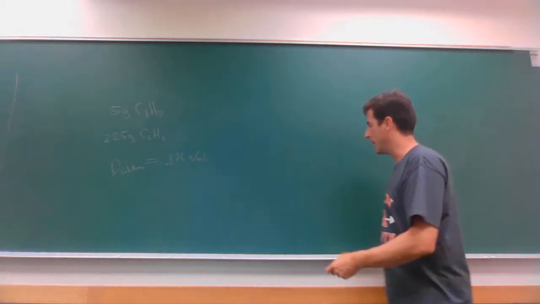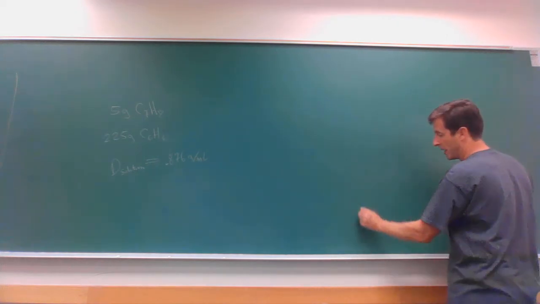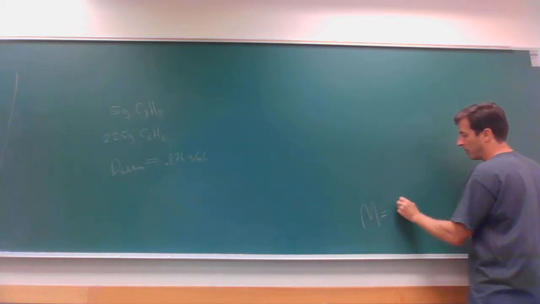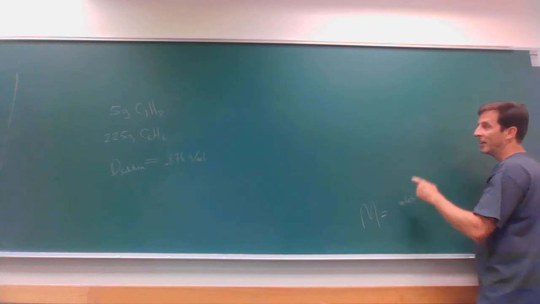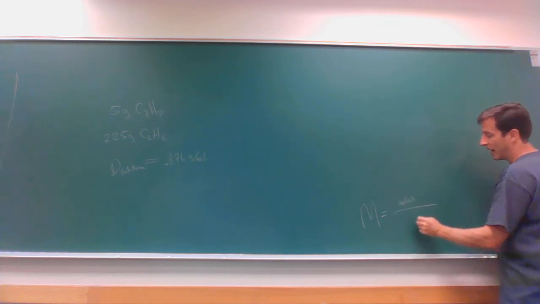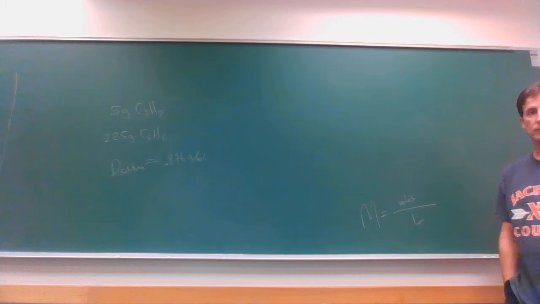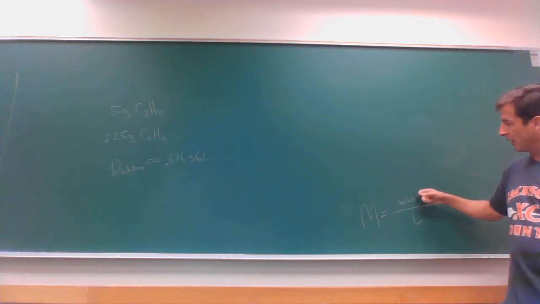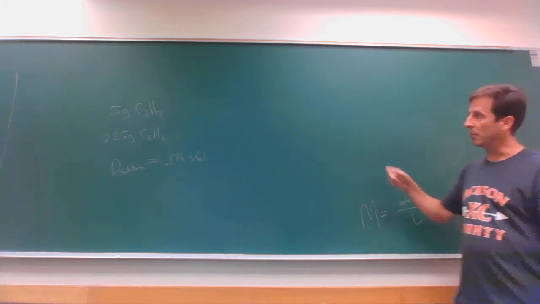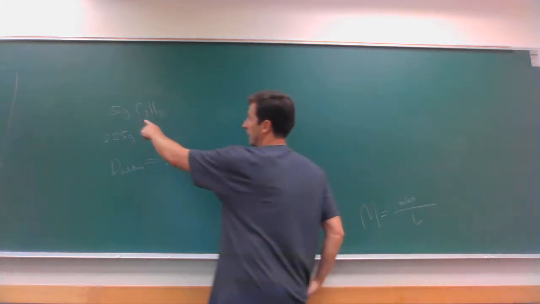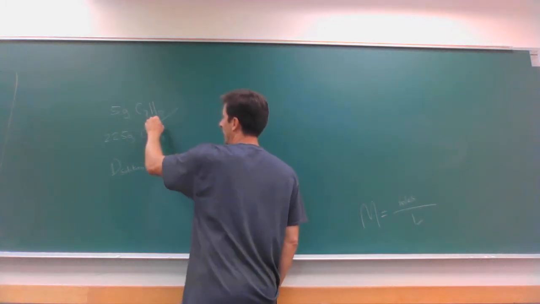I want the molarity, and I know molarity, big M, is the moles of the toluene, the solute, divided by the liters of solution. So, these are the 2 things I need. The moles of the toluene is going to be the 5 grams divided by the molecular weight of toluene.